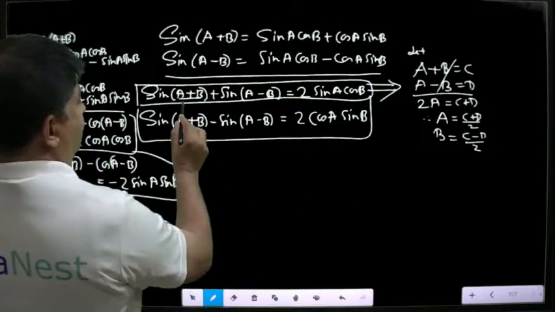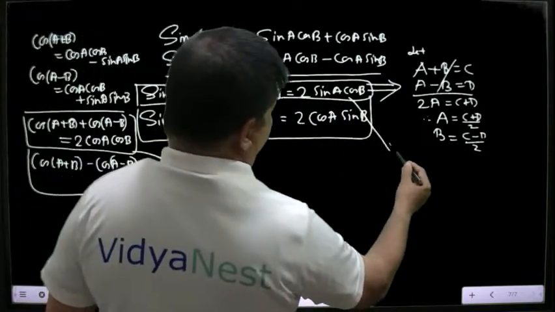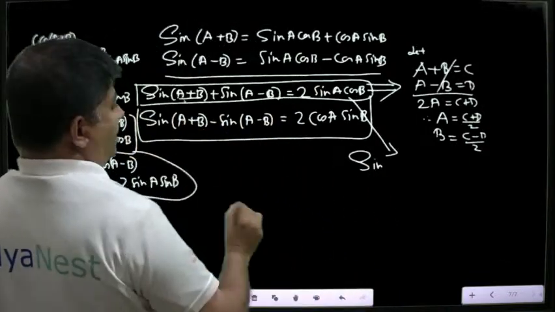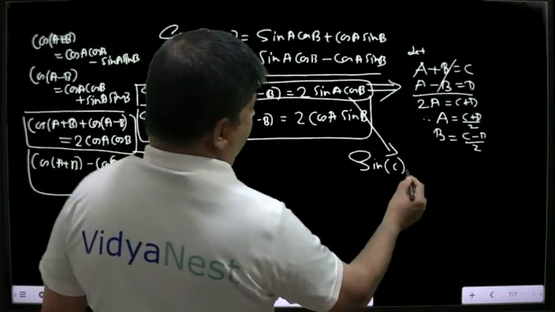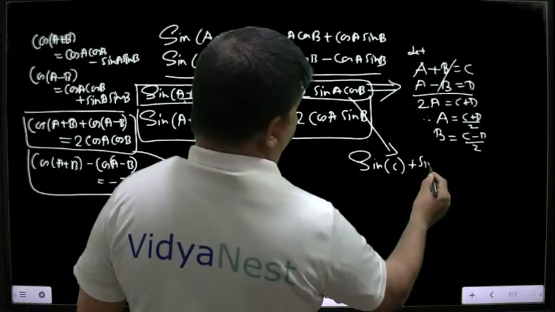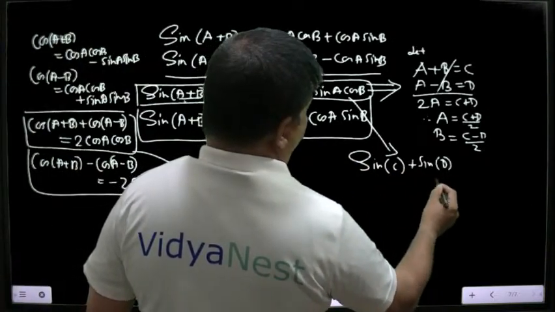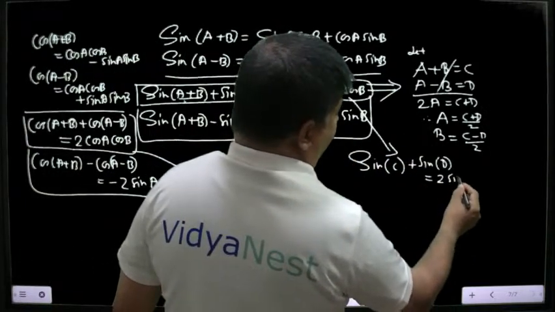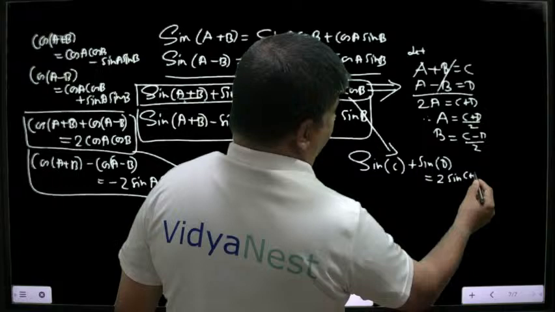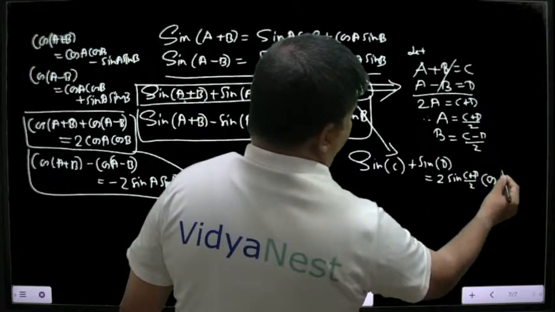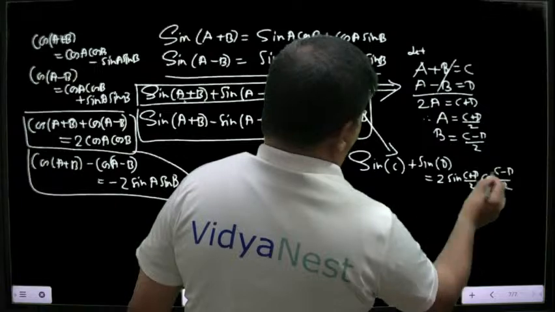So, you replace: in place of A plus B write C, in place of A minus B write D, in place of A write (C plus D) by 2, in place of B write (C minus D) by 2.